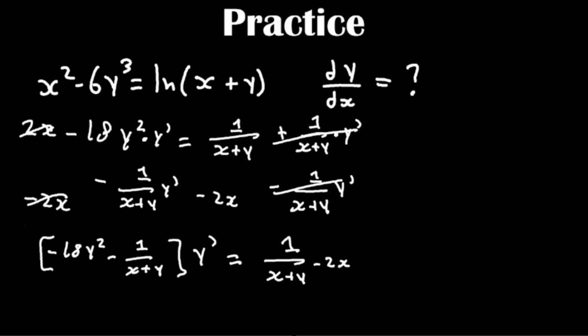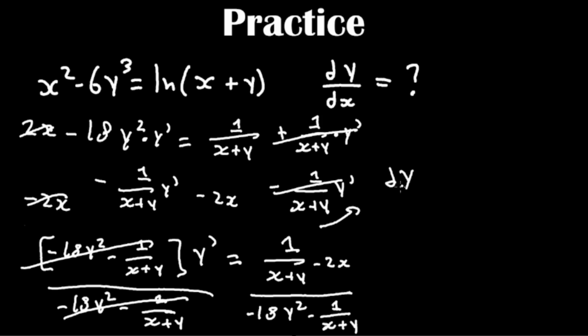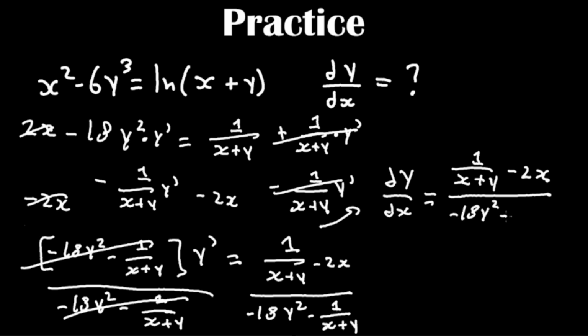The final step is to divide everything by the stuff that's being multiplied by y prime. Writing with dy/dx, what we get is 1 over x plus y minus 2x, all over negative 18y squared minus 1 over x plus y.